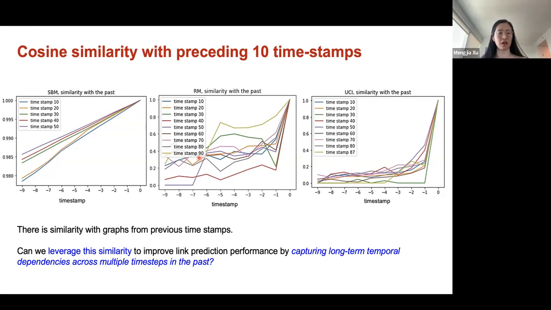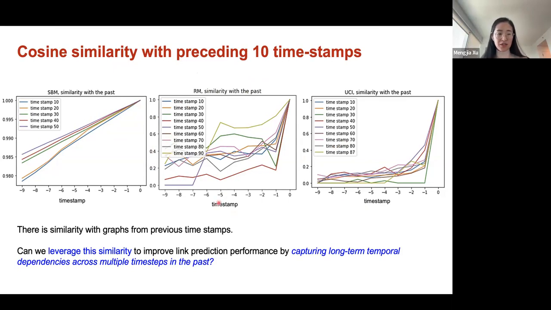But if we check the cosine similarity with the preceding 10 time steps for 3 different benchmarks, we can see this is the cosine similarity. Basically, we compute the cosine similarity between the adjacent matrices at each time step and the previous 10 time steps.